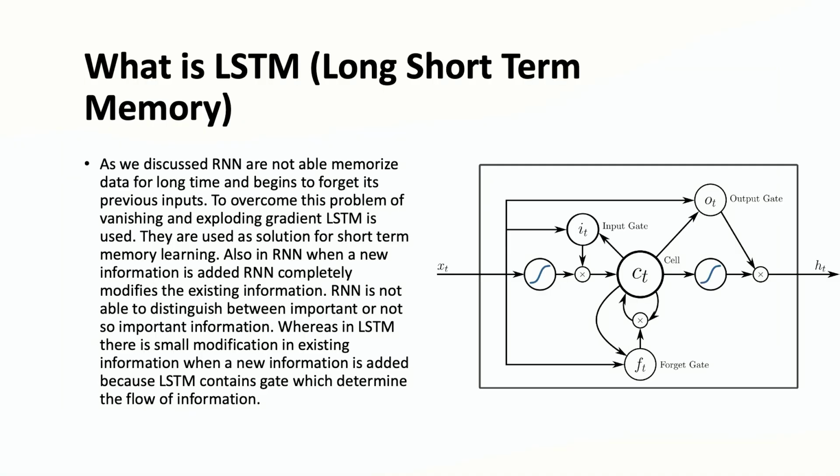So in order to solve this problem, the LSTM, long short-term memory neural network, was created. It has a much more complex architecture. It has input gates, a forget gate, an output gate, and hidden states.